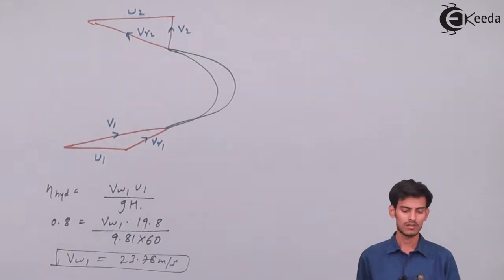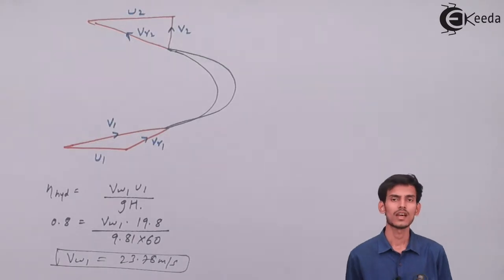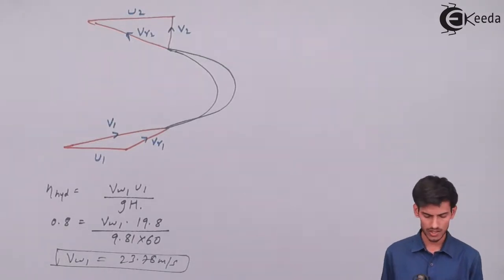Now let's do one thing. Let's draw the inlet triangle a little bigger and use trigonometry to get the values.